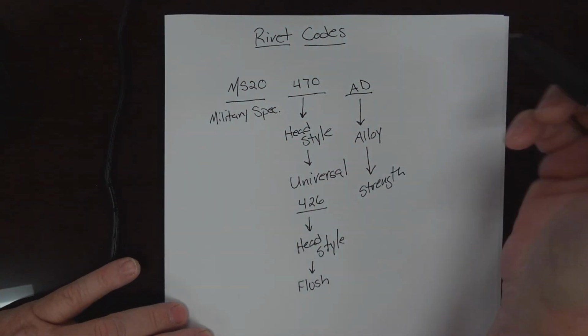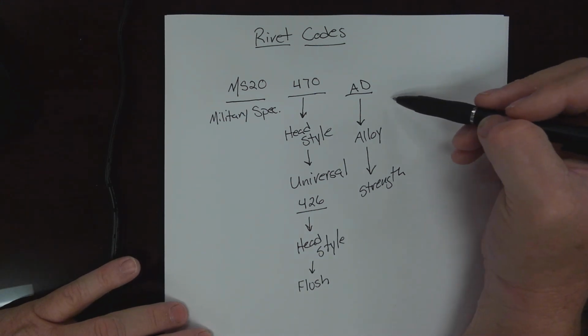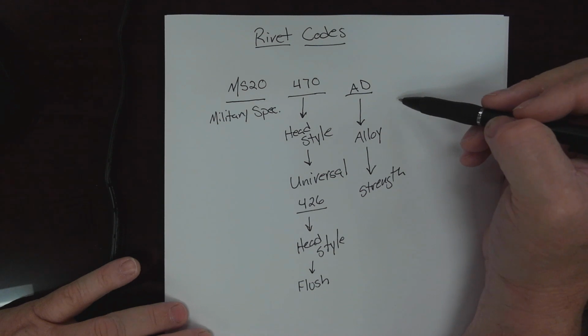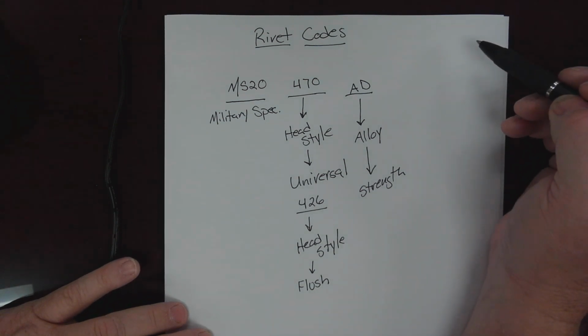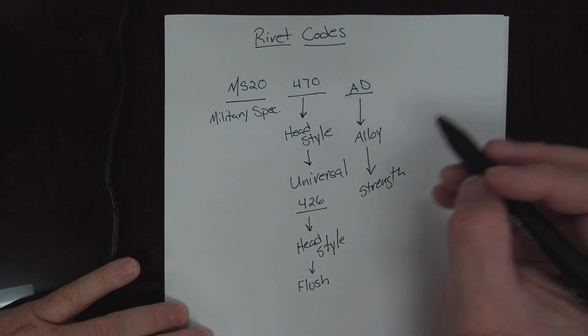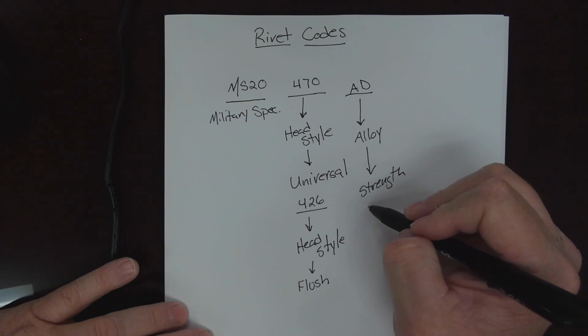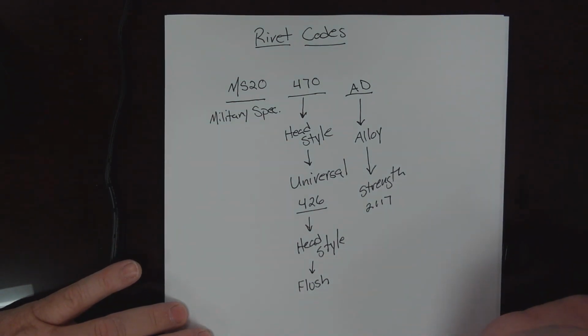It's important to understand what the alloy is because we always install rivets into material that match or come as close as possible to matching the material that we rivet together so that we can eliminate some problems like galvanic corrosion. Well, in this case, an AD is really further defined as a 2117 alloy.